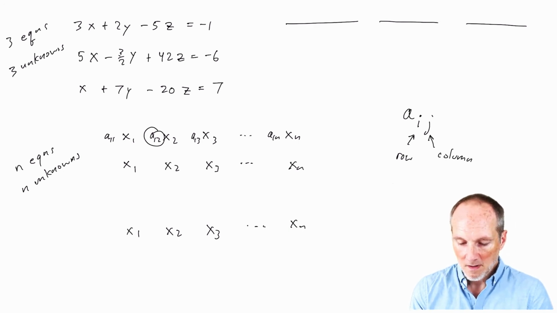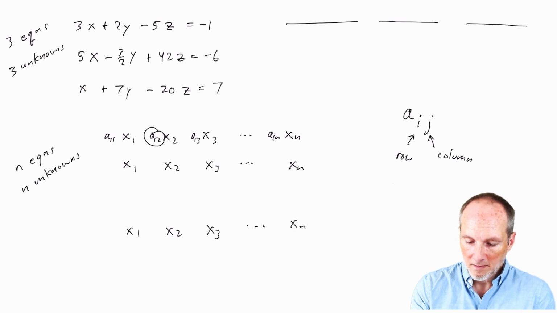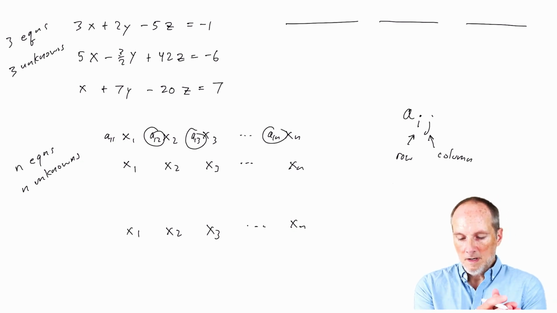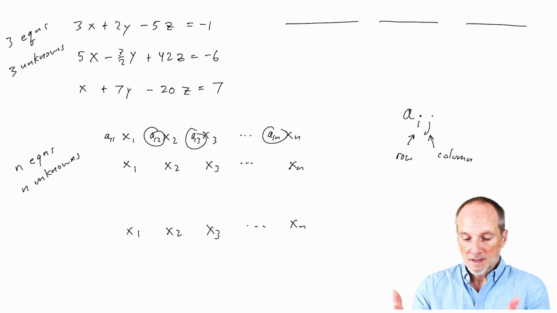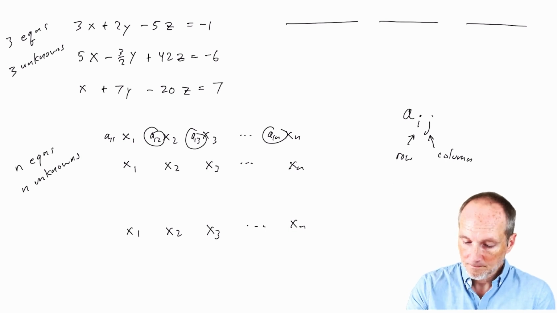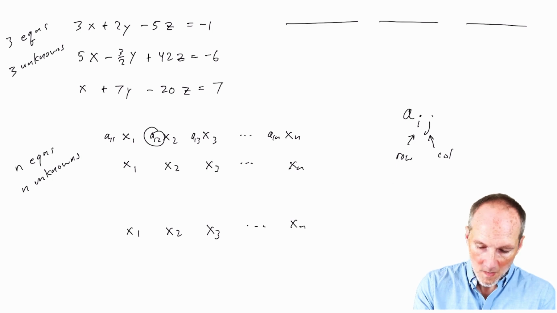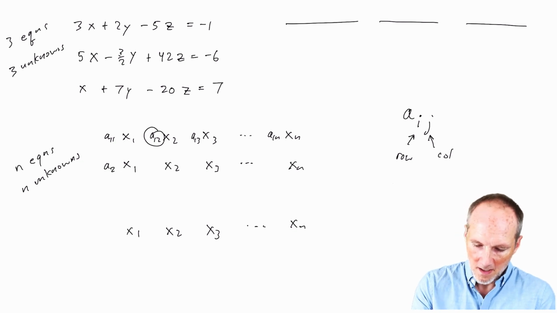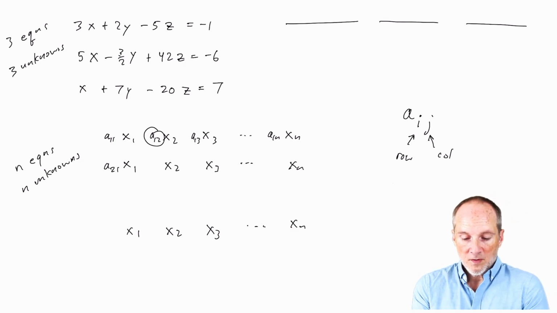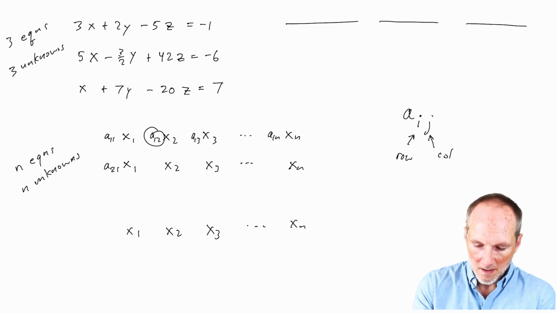And so you'll see I have n of these coefficients in the first row. And then I'm going to have n coefficients in the second row, but now the first one will be A21 because it's second row, first column, and then A22, A23, and so on.